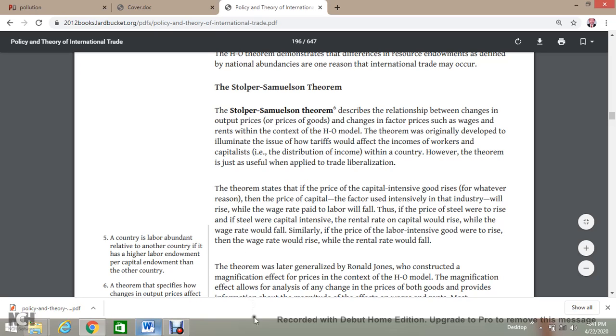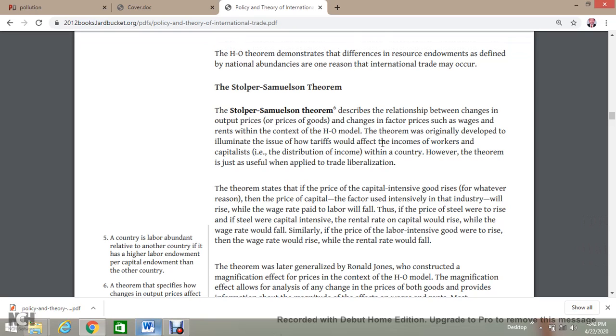Let us take two components to understand this theorem. Imagine a country A that manufactures capital intensive goods like plant and machineries.